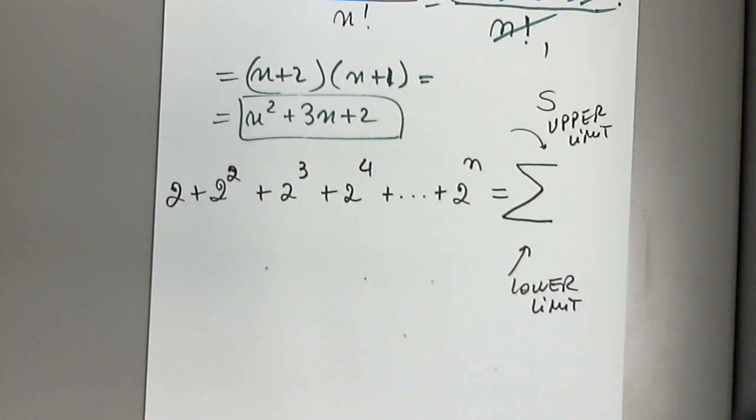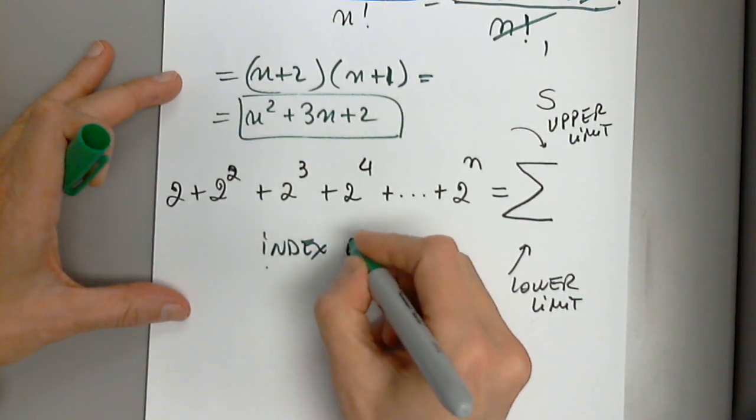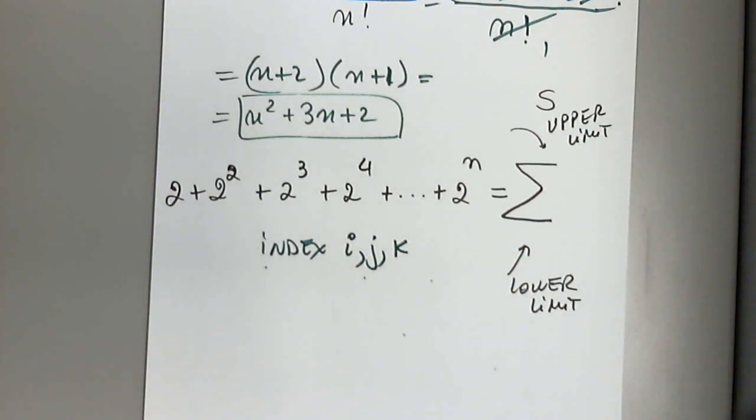So let's see what changes here. Not the base. The base is 2 in all these numbers, correct? But what changes is the exponent, from 1 to 2 to 3 to 4, to n. So we're going to use an index. Normally the index is lowercase i or lowercase j or lowercase k, any of these letters.